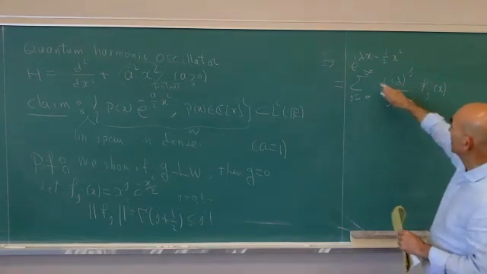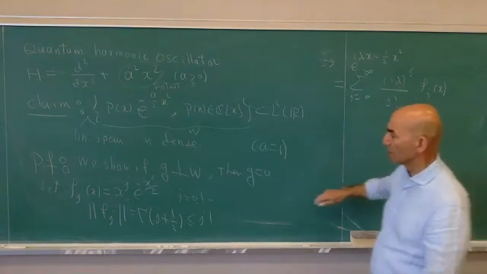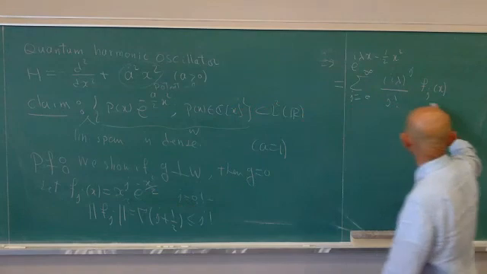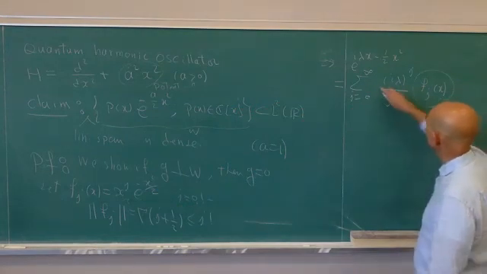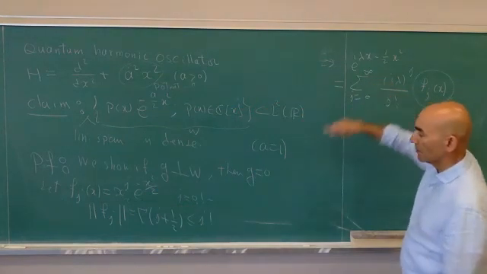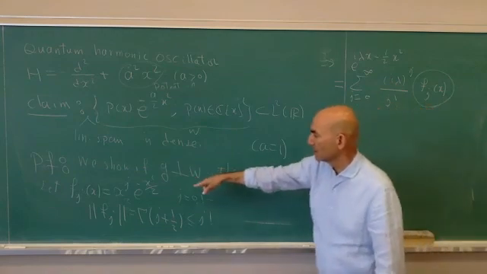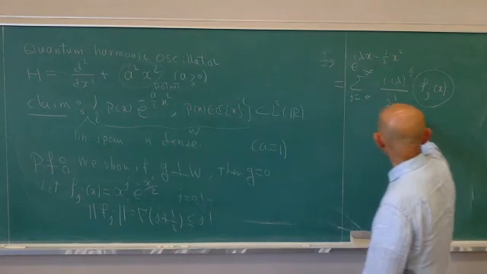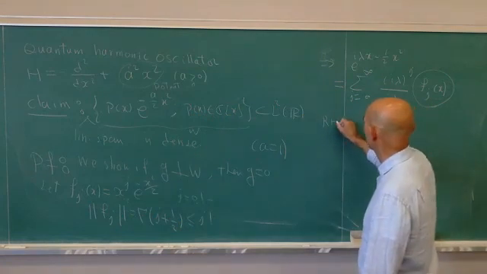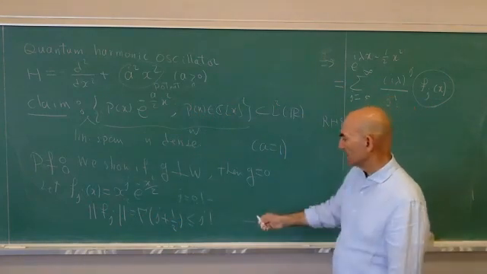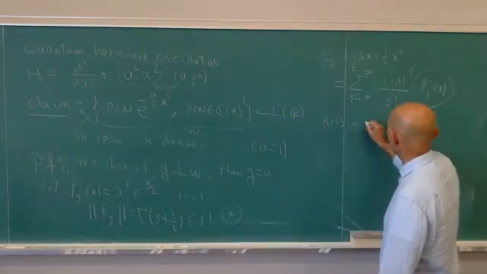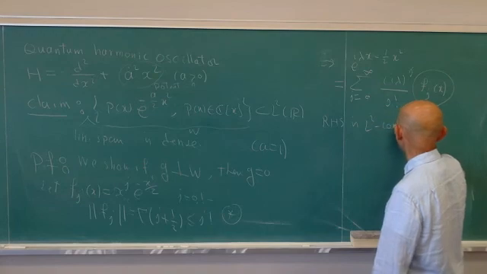You see, this is just x to the power j times e to the minus x squared over 2, which is f_j. So the right-hand side, because of this star, is L2 convergent.